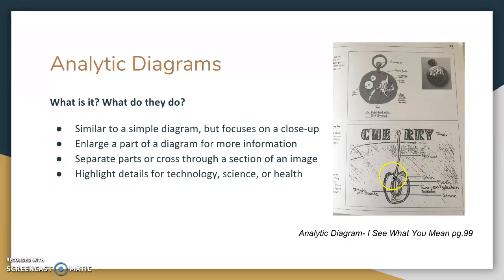Same thing, this is a cherry cut in half and it shows the different parts of a cherry. They might also have a close-up of an animal to show the texture of the fur or something like that. So typically these are used in technology, science, or health to show more details, a closer-up detail that you wouldn't see in a simple diagram.